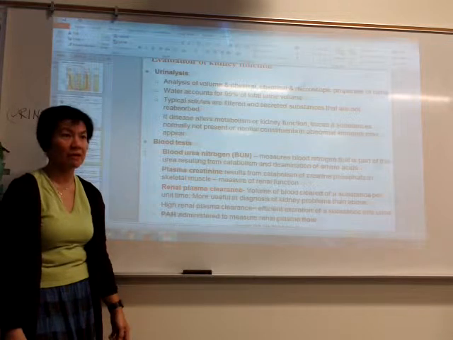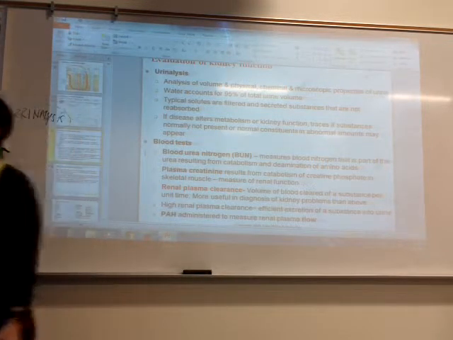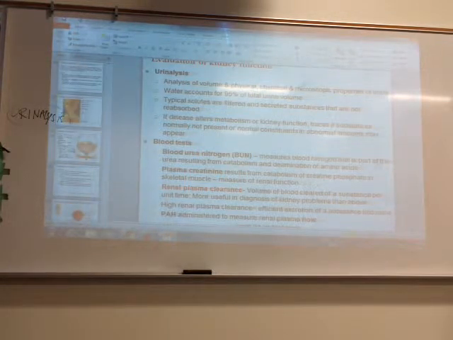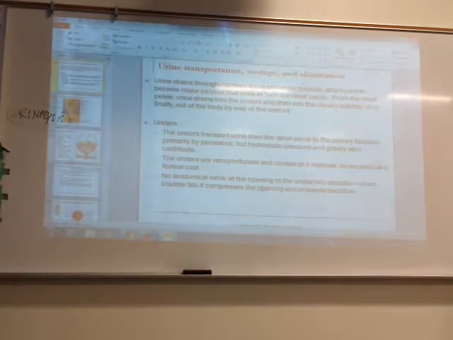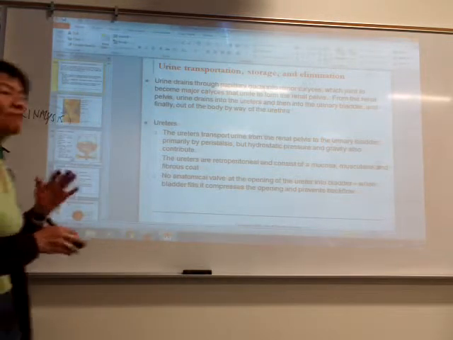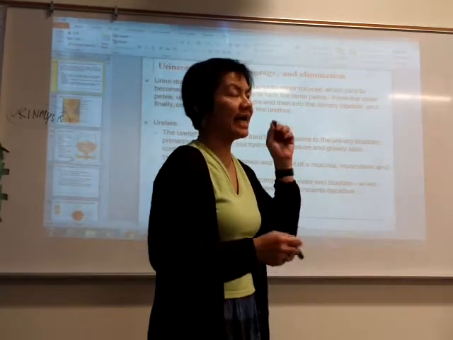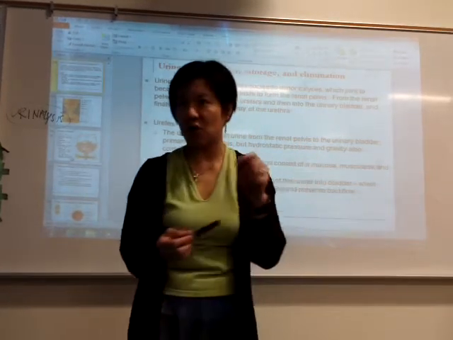You understand? Okay? So now that we have formed our urine, let's look at how we get rid of it. We're almost done. How do we get rid of it? The next organ after your kidneys is your ureters. Don't forget, all the functions we just talked about, urine formation, filtering out, are carried out by your kidneys only.